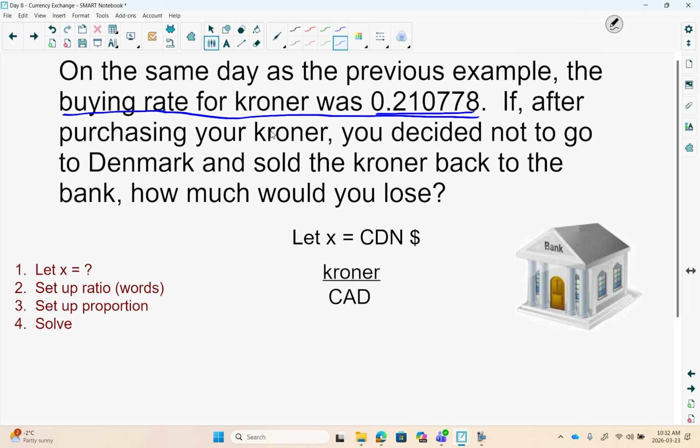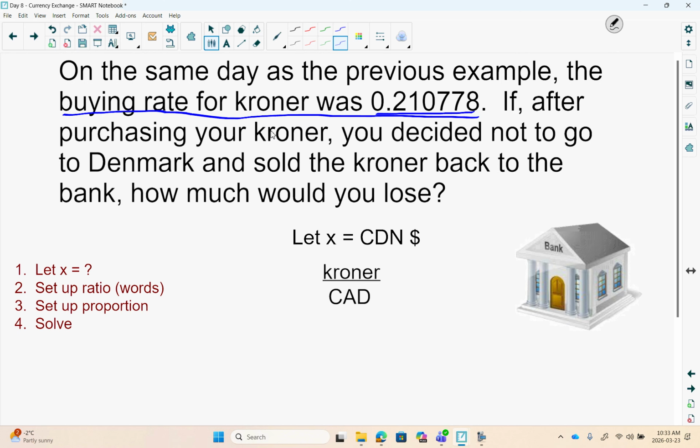So if after purchasing your kroner, you decided not to go to Denmark, something really important came up, and you had to cancel your trip to Denmark. And you didn't have traveler's insurance, so now you have all these Danish kroner.